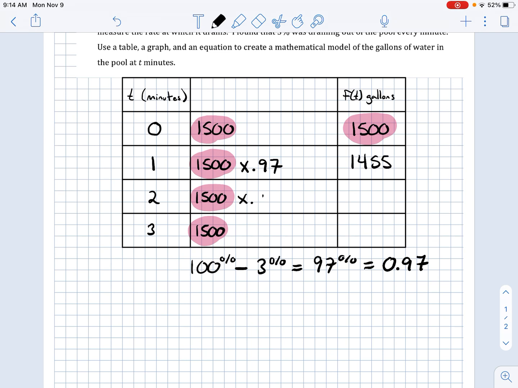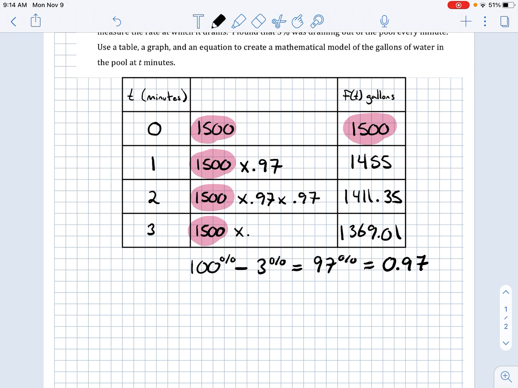So that's 1,455, and then times 0.97 again. 1,411.35 gallons. And then 1,369.01 gallons. Okay, so I chose to round to the hundredths position.